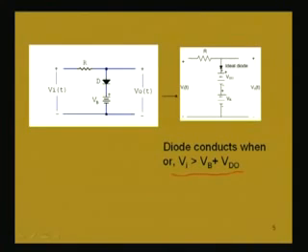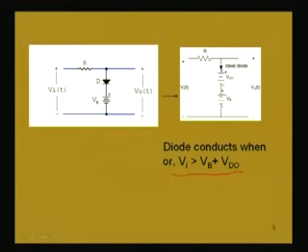So, the voltage V naught when this will be conducting, that will be this voltage. So, with respect to this point, what will be the voltage at this point? Vb plus Vd naught. So, when the diode conducts, the voltage will be constant at Vb plus Vd naught.